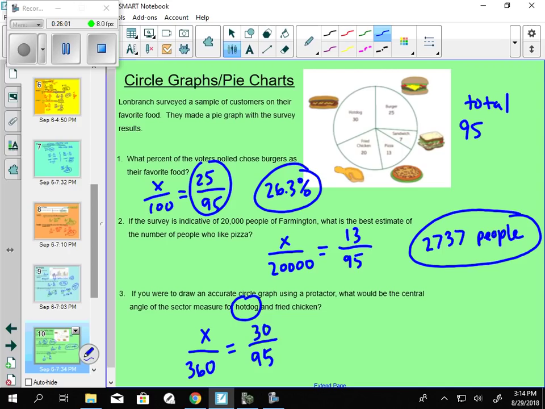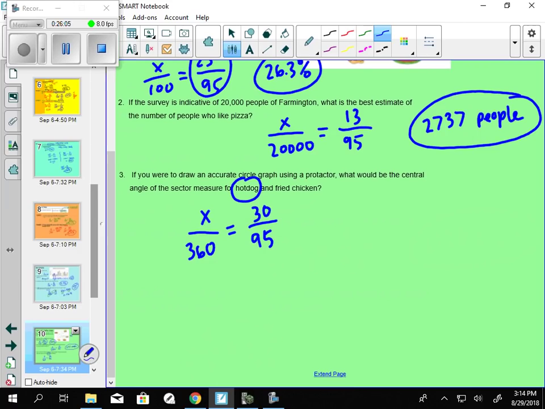So cross multiply and divide that, and it should tell us what the angle would be in the center of that circle for a hot dog. So cross multiplying and dividing that, you get 113.7 approximately, meaning that angle is about 113.7 degrees. The degrees symbol is that little circle up top after the number. So approximately that many degrees.